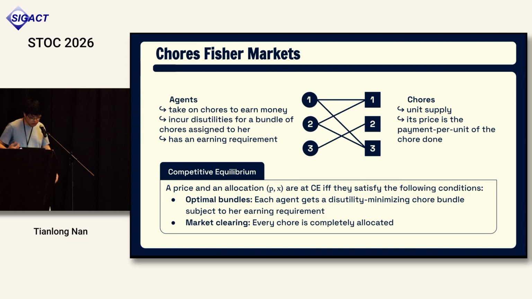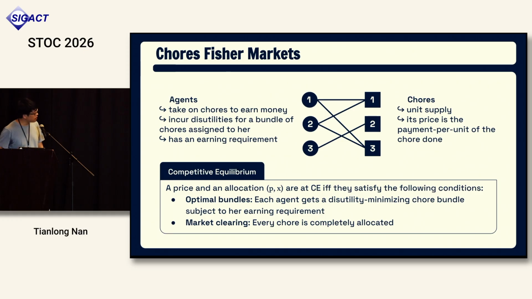The agent will incur some disutility for the chores assigned to her, and she has an earning requirement to meet. The chores, we assume to be divisible and have unit supply without loss of generality, and the price can be interpreted as the price per unit of the chores done by the agents.